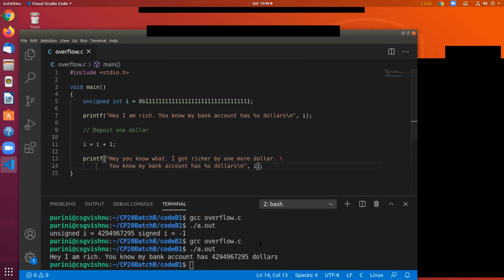How much richer is he? Sukhjinder, he is richer by $1. Let's see if he got richer by $1 or not.